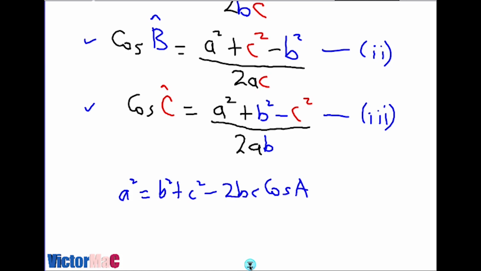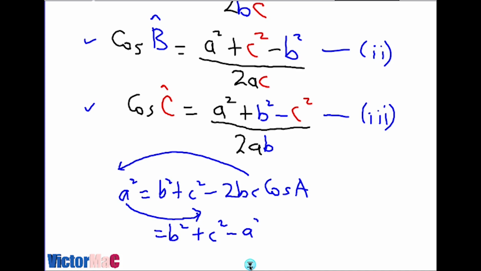All we have to do here is transfer a squared to the right hand side and minus 2bc cos A to the left. So due to that switch, the signs will change. We're going to have on the right, joining b squared and plus c squared, minus a squared, and coming to the left will now be positive 2bc cos A.